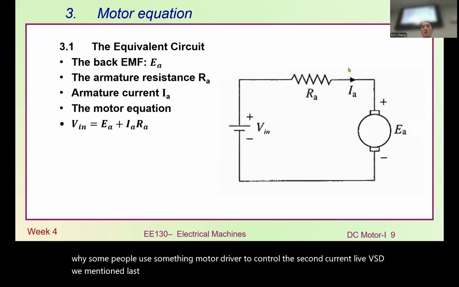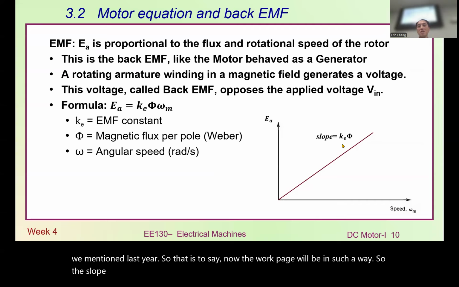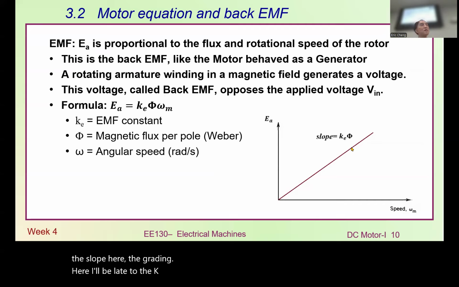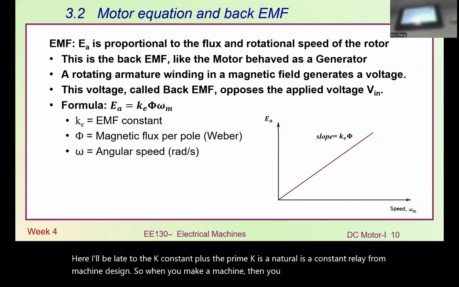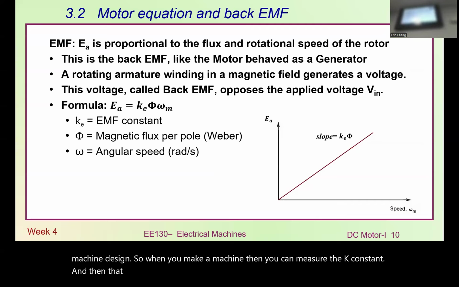Right? So now the voltage will be in such a way. The slope, the gradient here, is related to the K constant times phi. K is a constant related to the machine design. When you make a machine, you can measure the K constant, and it comes from the manufacturer.